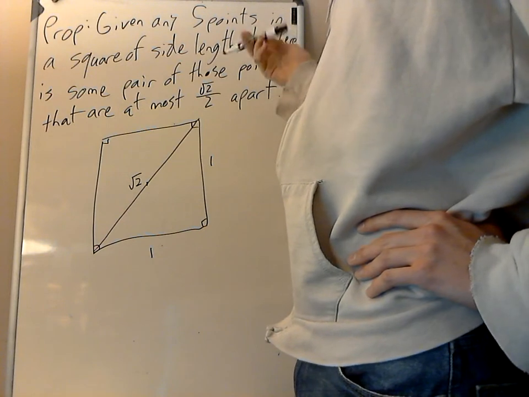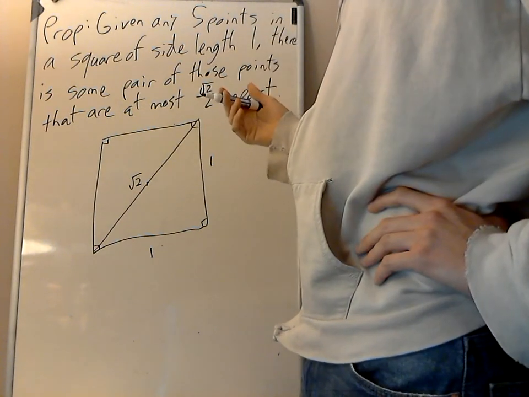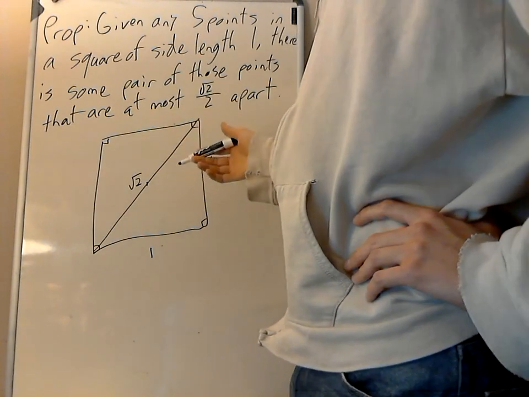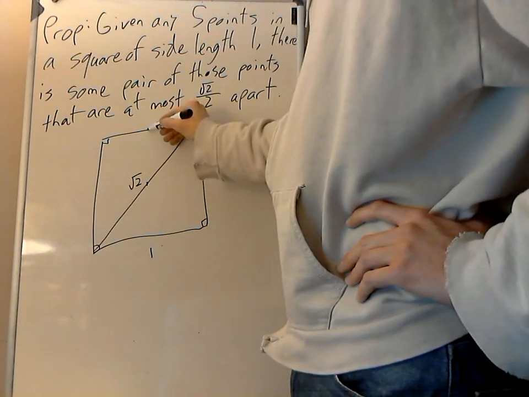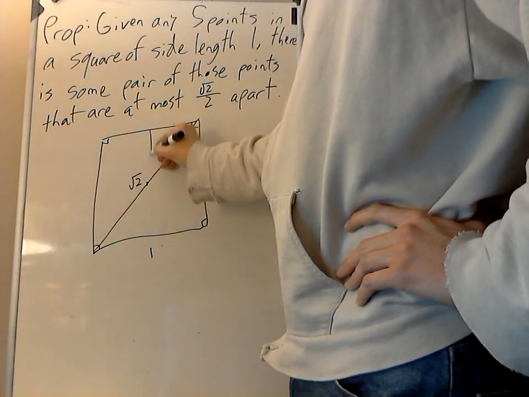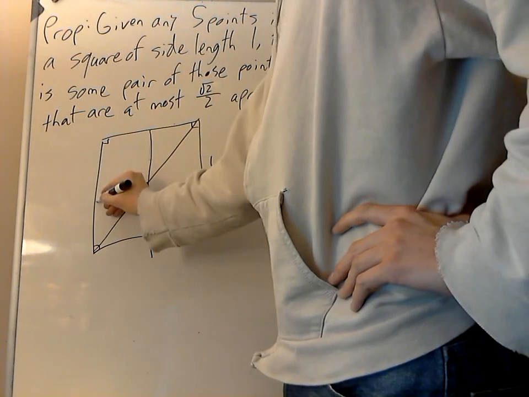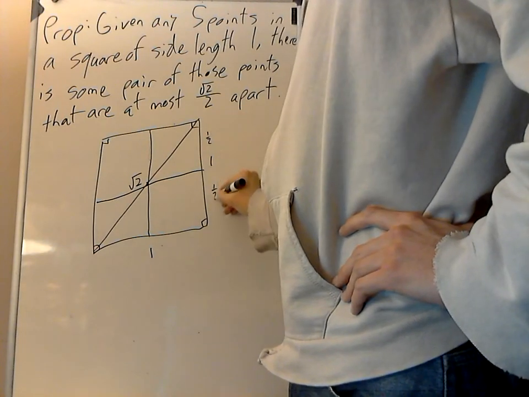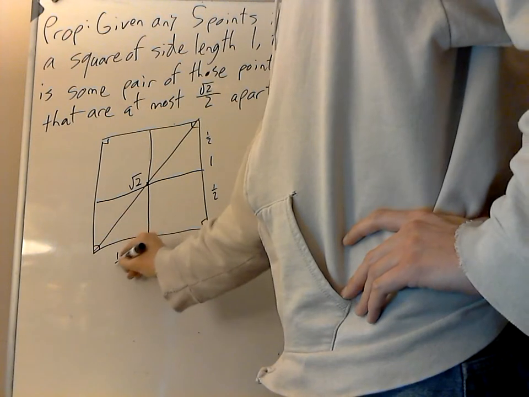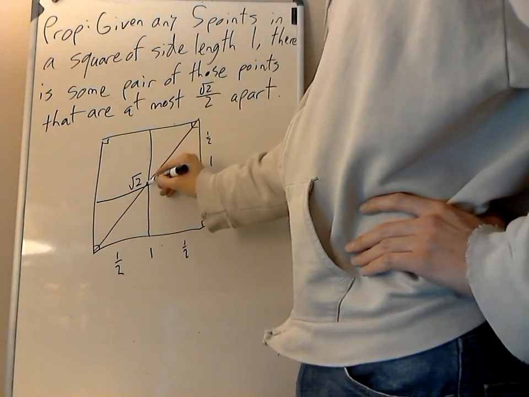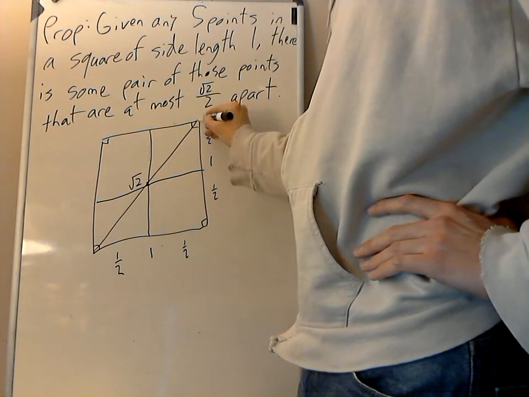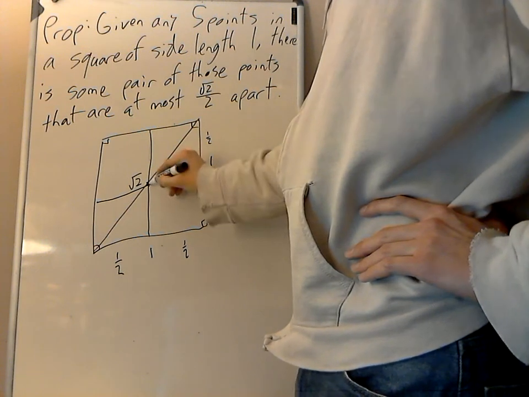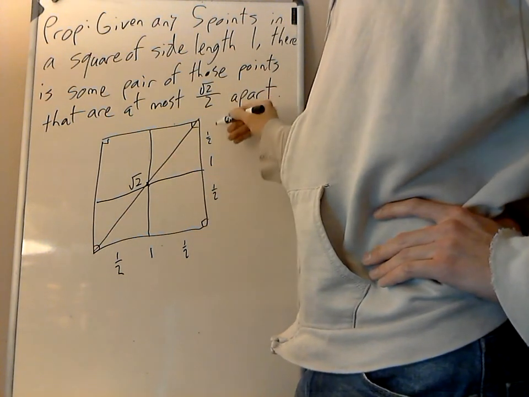So it would make sense to have 4 pigeonholes somehow. So naturally we would like to divide this square into 4 pieces. And the most natural way to do this is to divide the square into quarters. Then, the length of the diagonal of each subsquare is square root of 2 over 2. And clearly, any 2 points that are in the same subsquare can be at most square root of 2 over 2 away.